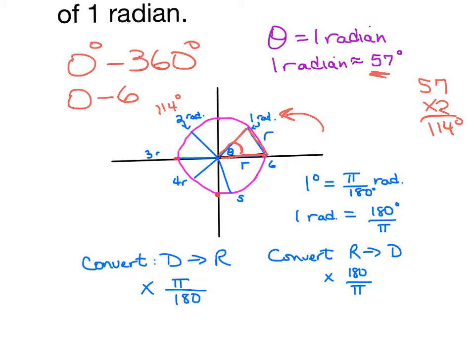What you need to take away from this is 1 radian is located in quadrant 1, and 2 radians is located in quadrant 2, which will be around 114. 3 radians are just before 180, so just before the semicircle. 4 radians are located in quadrant 3. 5 radians are located in quadrant 4.